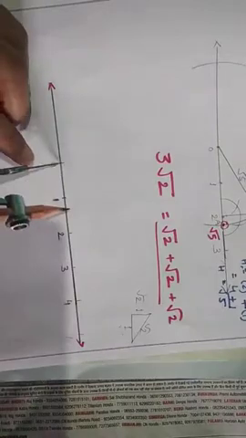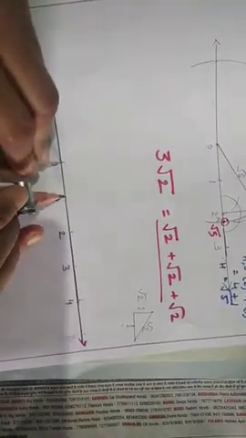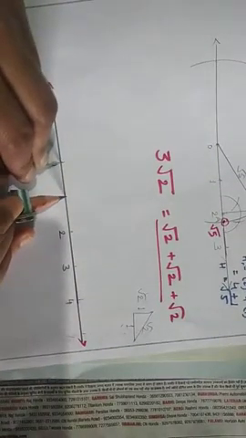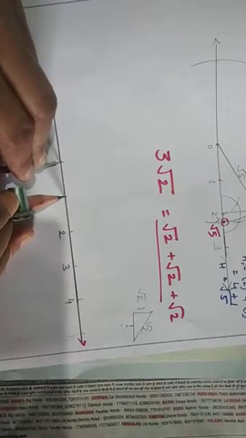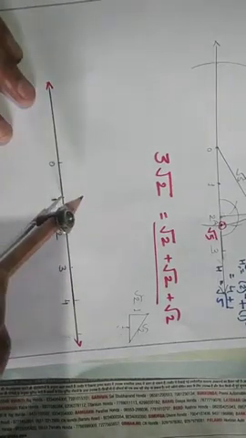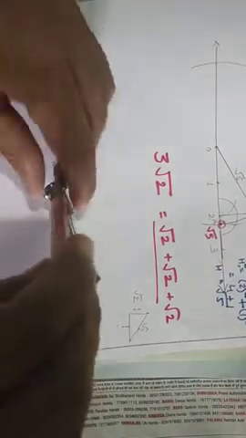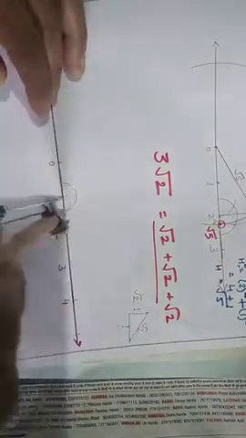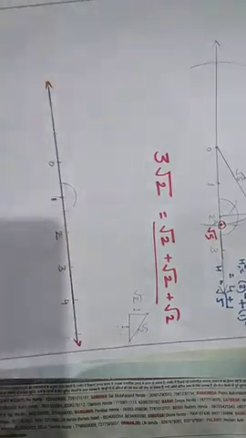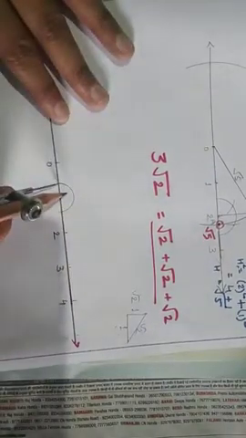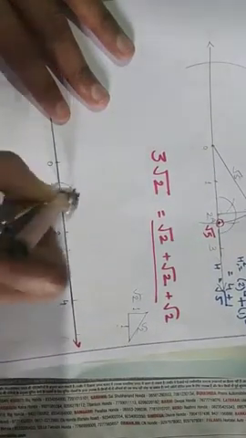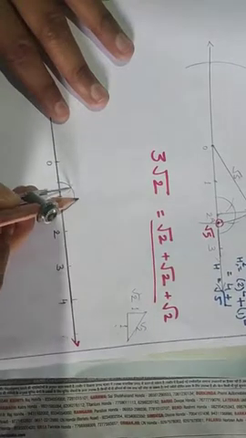So 1 unit distance, 0 to 1 is 1 unit. Here I am going to draw a right angle triangle. Triangle means just a perpendicular, a right angle. So draw the right angle with the same process as you are doing.